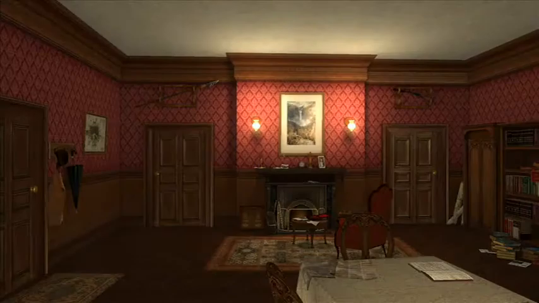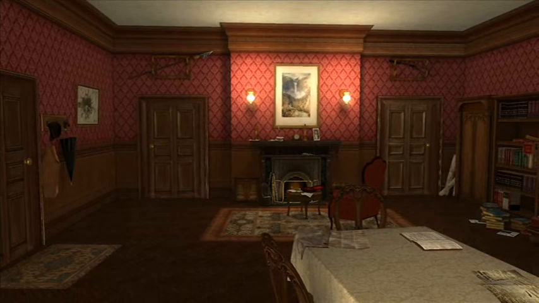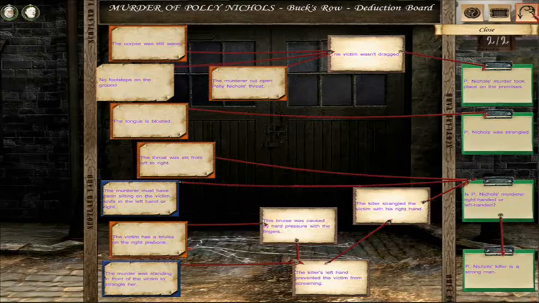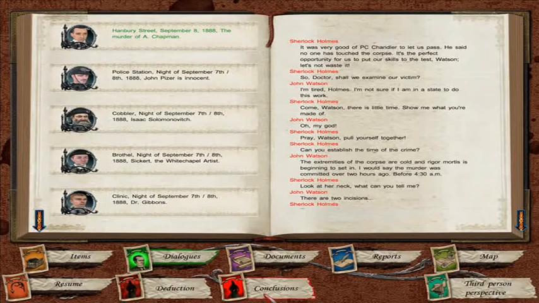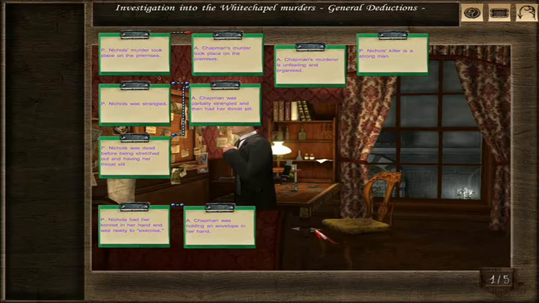There he stands and looks around. Now, I would love to see. We have some conclusions here. Yes, here they are. Yeah, this is our general deductions.